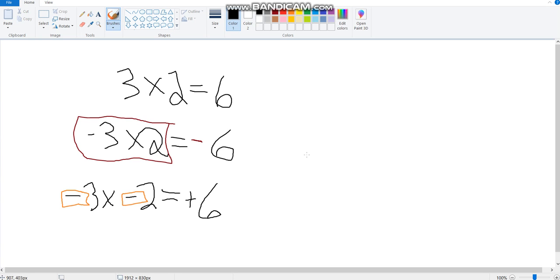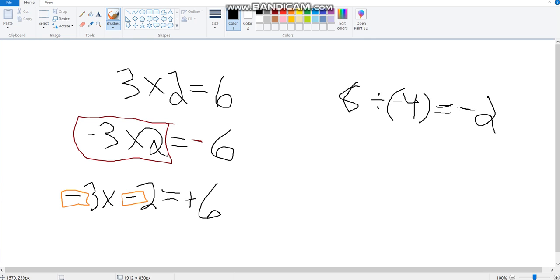And this type of reasoning is the same for division. So if we did 8 divided by negative 4, I'm doing a positive divided by a negative. So I know 8 divided by 4 is 2. And since I'm doing positive divided by negative, there's only one negative.